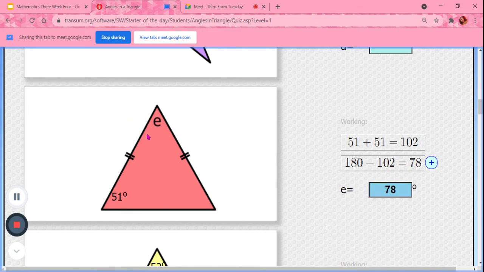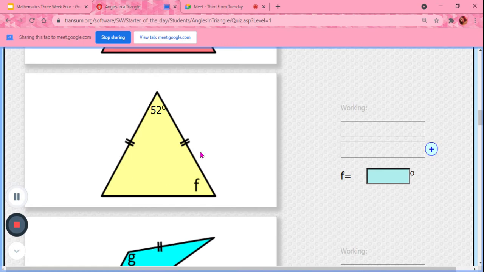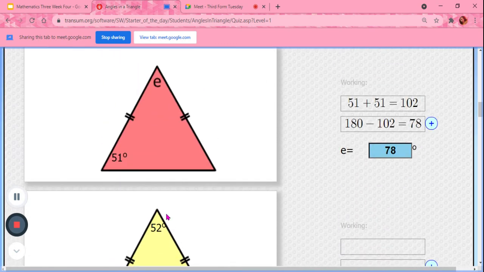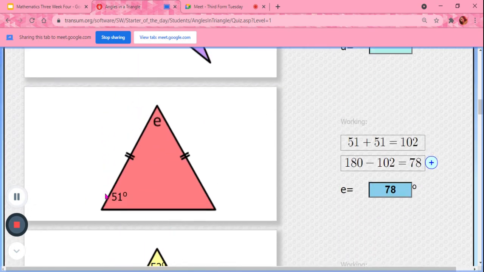So I have to be able to see these things. Understand that if the lines have the little bars on them, it means those sides are equal, and because those sides are equal, the angles are also equal. All right. Now let's look at this one. This one is the opposite. In the last one, they gave me an angle at the bottom and I had to find the other one.